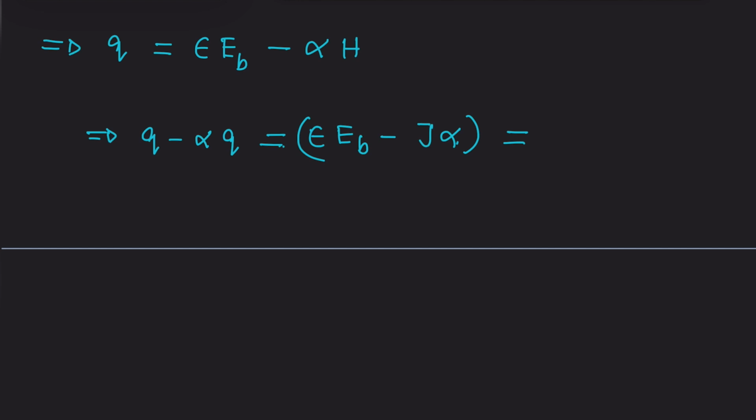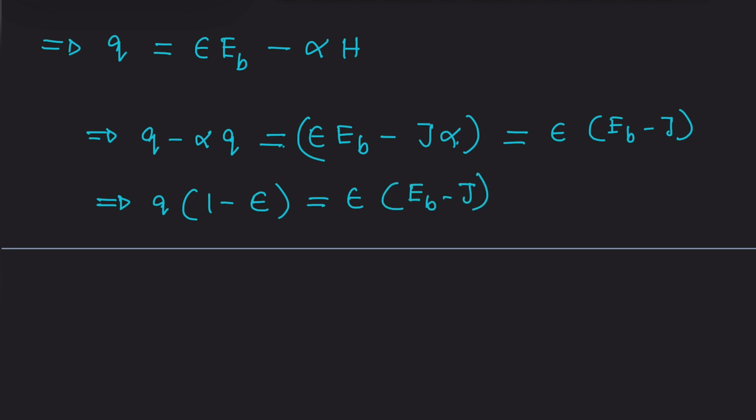For a gray diffuse surface, alpha is equal to epsilon, so I can take that out: epsilon times E_B minus J. And I can have this as Q into 1 minus alpha, and alpha is equal to epsilon for a gray diffuse surface. So my Q is equal to E_B minus J divided by (1 minus epsilon) by epsilon.